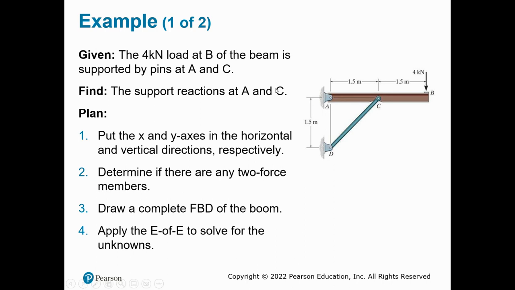In this one right here, we know that point A and point D are both pin supports, meaning the reaction forces coming out from A and D will be both horizontal and vertical: AX and AY, DX and DY. But for this one, since we're only looking for the support reaction at point A and point C, that means we're going to look at only the member AB.